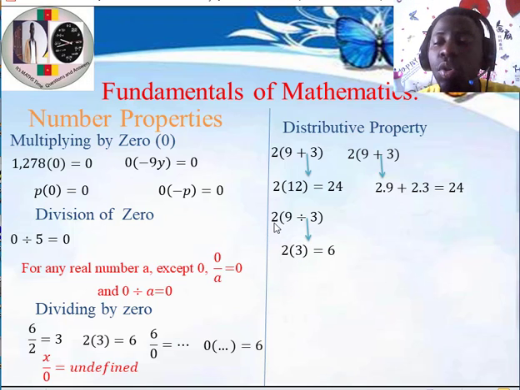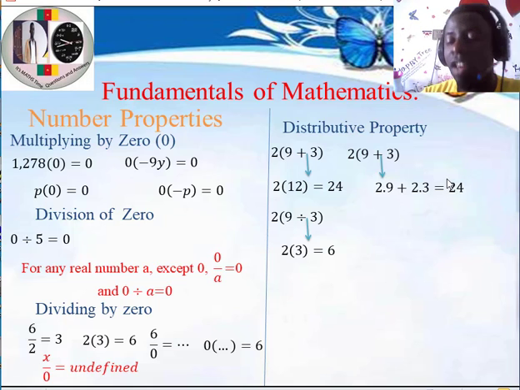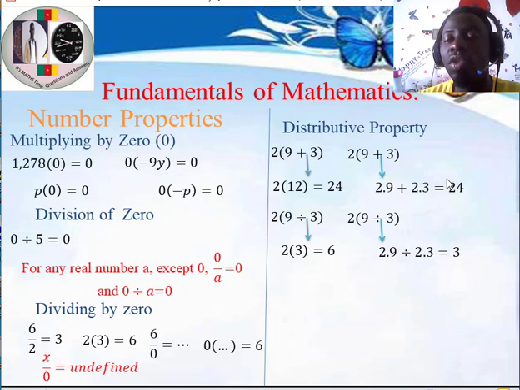Then if we are going to use the distributive property again, then we are going to say that 2 times 9 divided by 2 times 3, which is going to give us in this case 3, because 2 times 9 is 18 divided by 6 is 3. So you can see that the results are different.